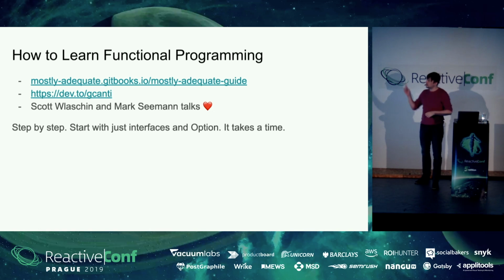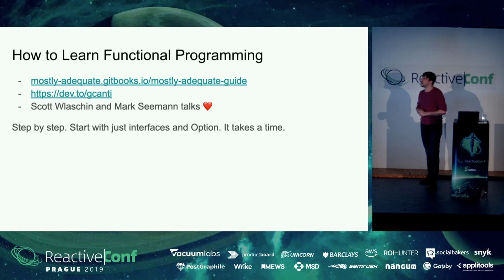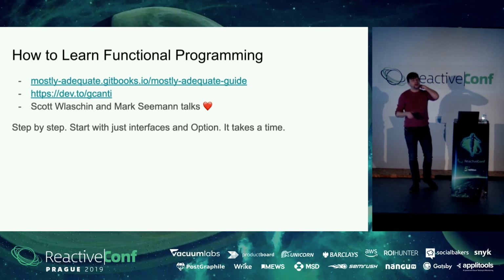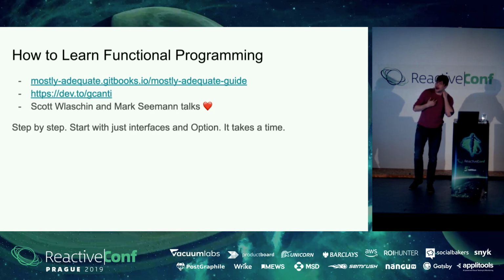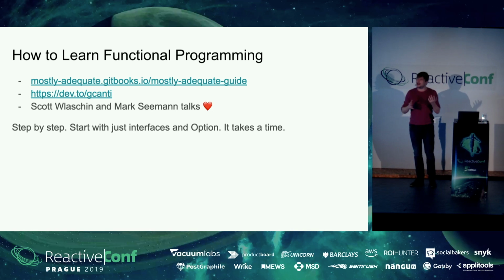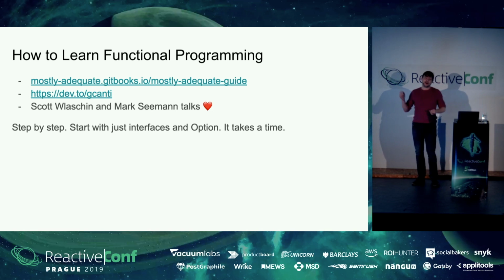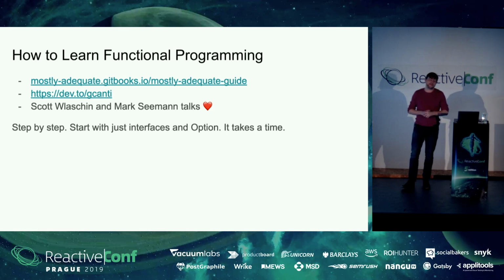One book, several blogs, and I highly recommend talks from Scott Wlaschin and Mark Seemann. They are using F#, but it's almost the same for TypeScript, which was quite an interesting realization for me. I always tried to use Elm or OCaml or Haskell, and we don't need it, because we have the same abstractions and almost the same restrictions from the type system.